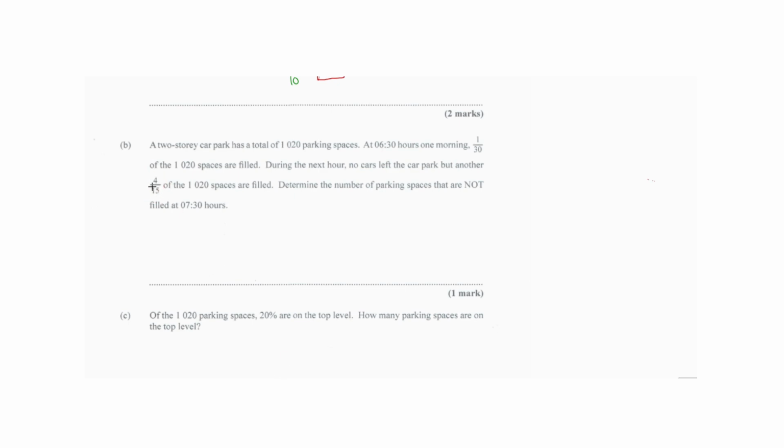So this 4/15 is the same thing as 8/30. The total spaces that are filled would be 1/30 plus 8/30. So that's 9/30. So the spaces filled is 9/30.